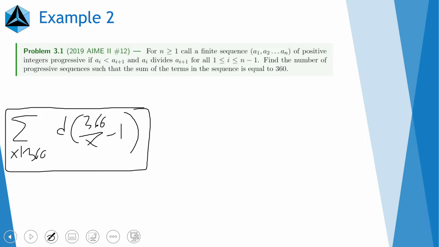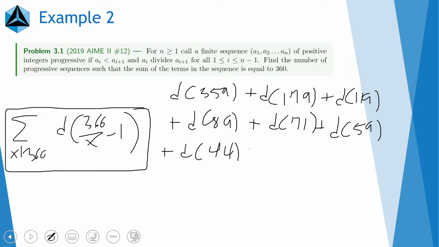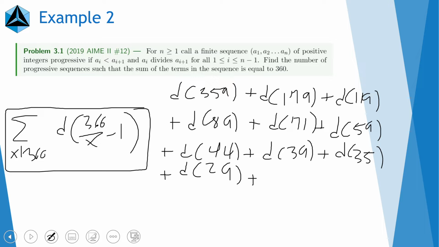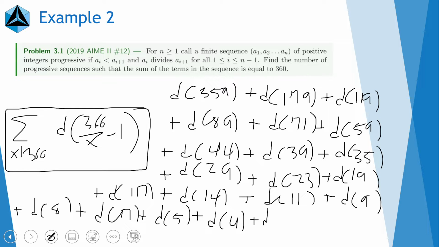Writing it all out, we get this is equal to d of 359 plus d of 179 plus d of 119 plus d of 89 plus d of 71 plus d of 59 plus d of 44 plus d of 39 plus d of 35 plus d of 29 plus d of 23 plus d of 19 plus d of 17 plus d of 14 plus d of 11 plus d of 9 plus d of 8 plus d of 7 plus d of 5 plus d of 4 plus d of 3 plus d of 2 plus d of 1 plus d of 0.